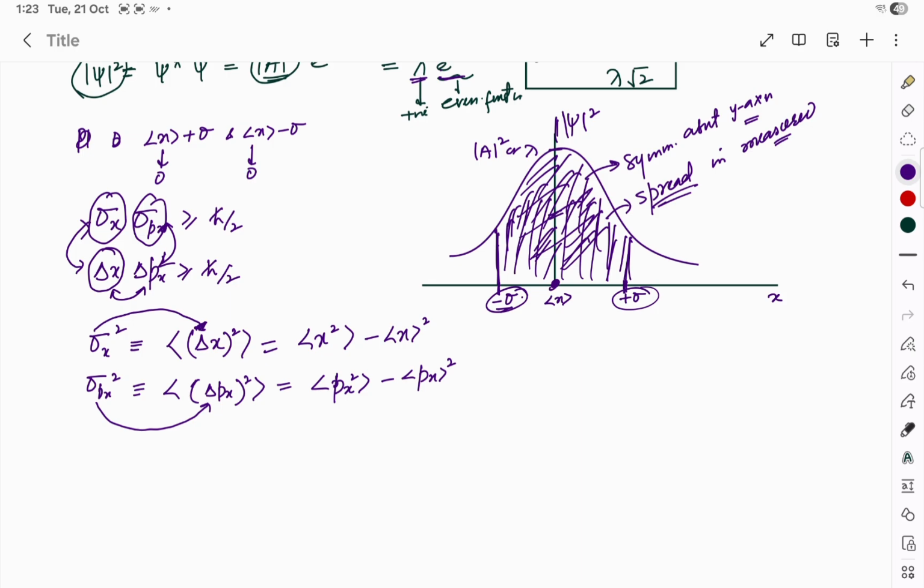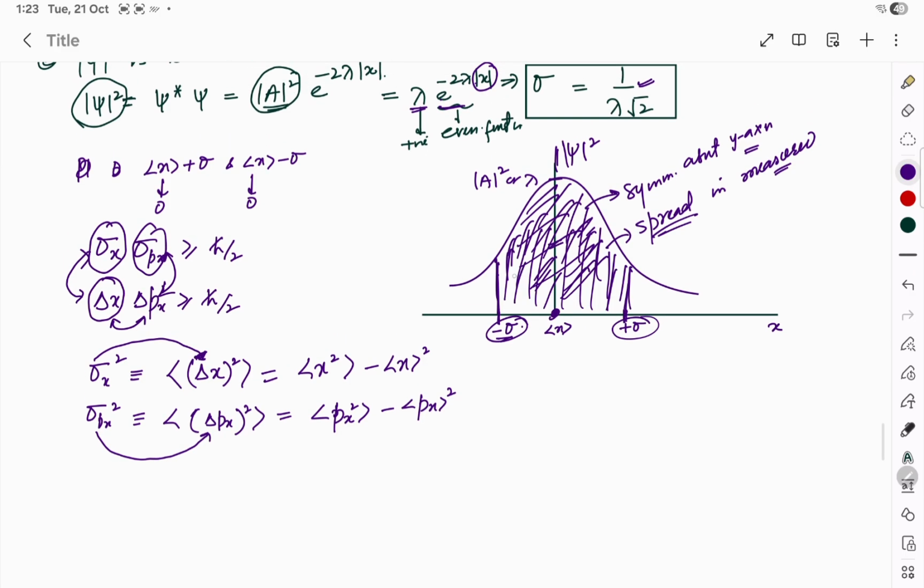If we do hundreds of ensembles of that system, and every person does the measurement at exactly the same time, the measurement doesn't come out to be a single measurement, but there is a spread, and that spread is given by this, minus sigma to plus sigma.